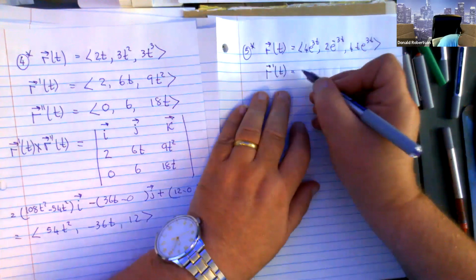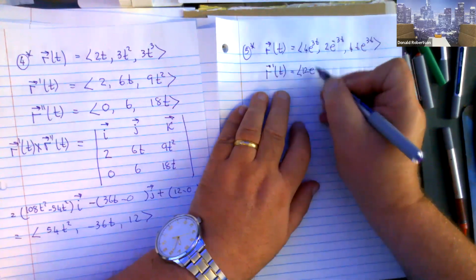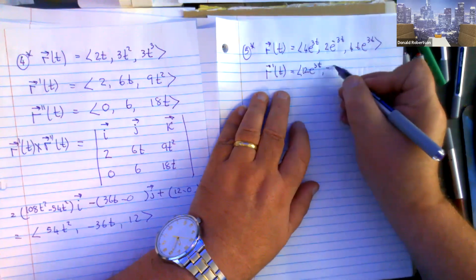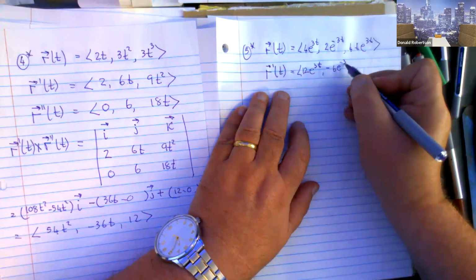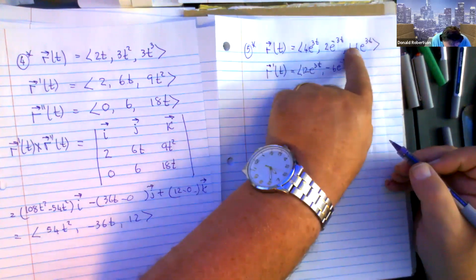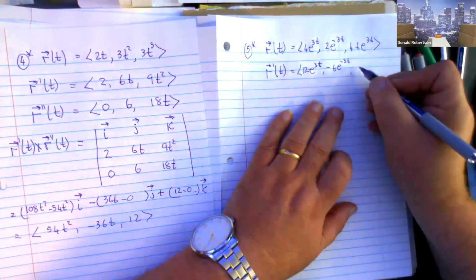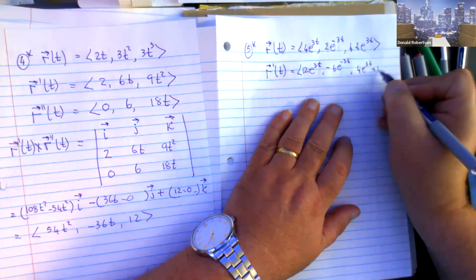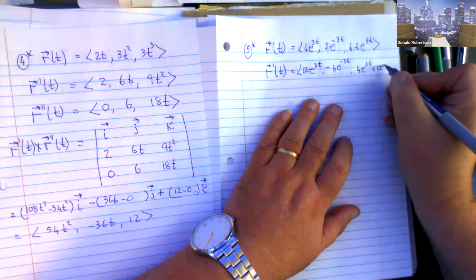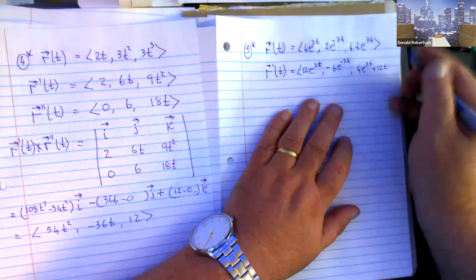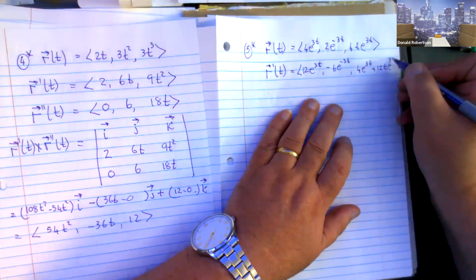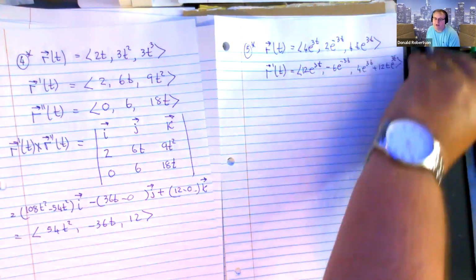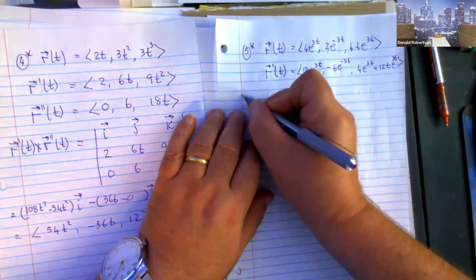This is a chain rule. You'll end up with 12 of these. This is a chain rule. You'll end up with negative 6 of these. This is a product rule. You will end up with 4e to the 3t plus 12t e to the 3t. You're going to have to check that yourself, but that's what you get. Now you get the second derivative.